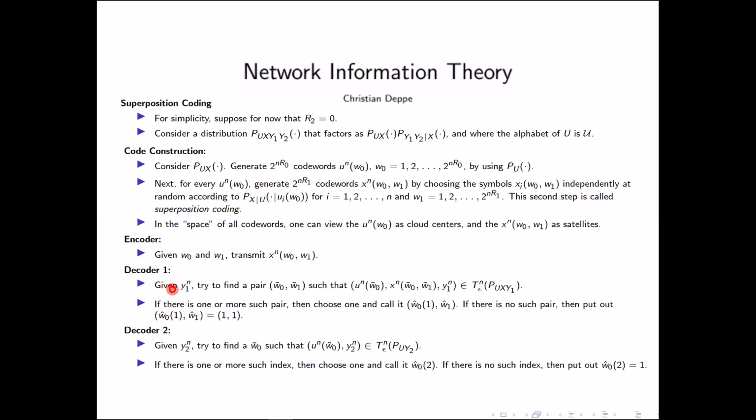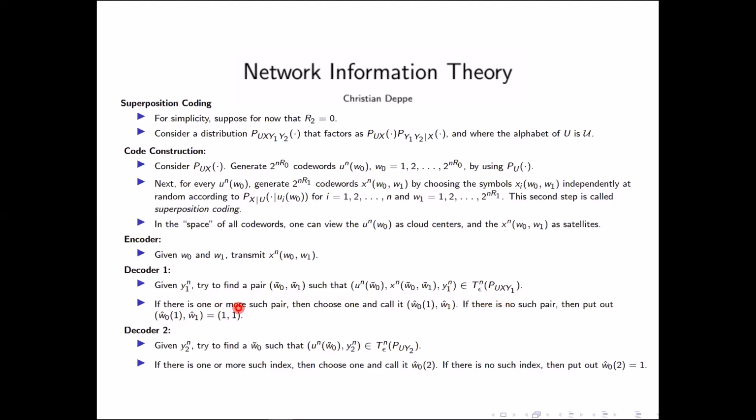Now decoder 1 gets y1^n. He tries to find a pair w0 tilde and w1 tilde such that u^n(w0 tilde), x^n(w0 tilde, w1 tilde), and y1^n are jointly typical with respect to u, x, and y1.